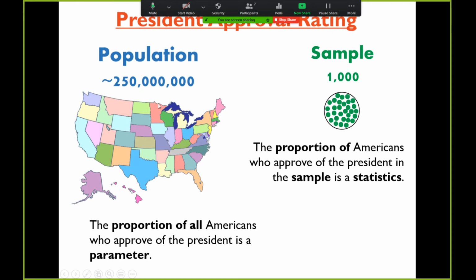That would be a parameter because that 57% is referring to the population. The proportion of Americans who approve of the president in a sample would be a statistic. So let's say in the sample, 35% of the 1,000 people approve of the president. Well, that's a statistic because that 35% is referring to the sample, right?